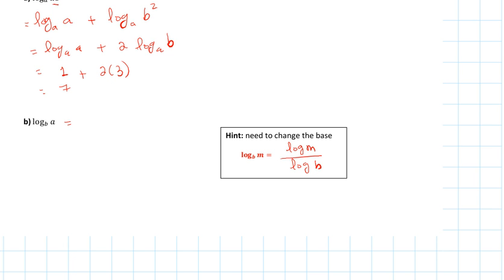So instead of making it base 10, I can write it as base a. Usually it's base 10, but what I did is I made it log base a because I want this to be 1. So that's going to be 1 over log base a of b, which is 3, so the answer is 1 over 3.